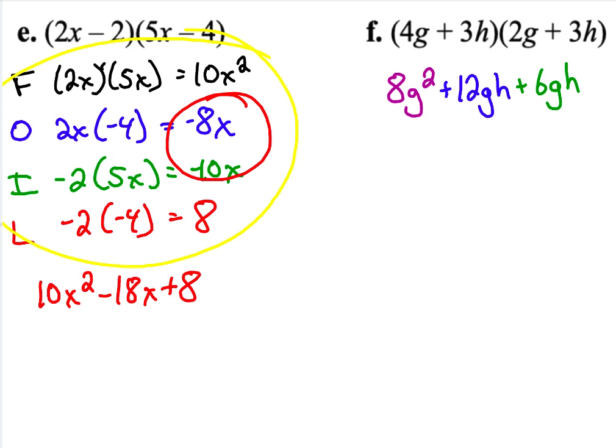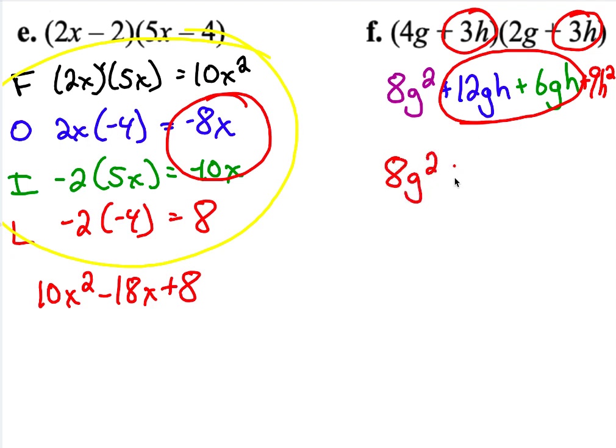And then last is 3h times 3h, which is 9h squared. All right, combine those like terms. 8g squared plus 18gh plus 9h squared. And that is multiplying a polynomial by a binomial. So you can either use double distributive or you can use the FOIL method.